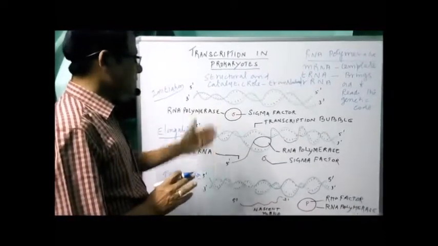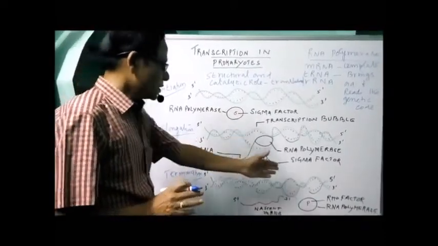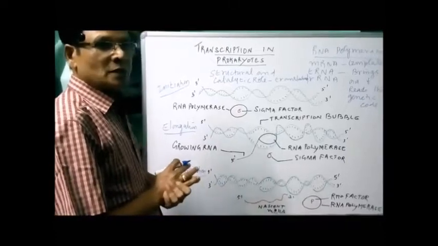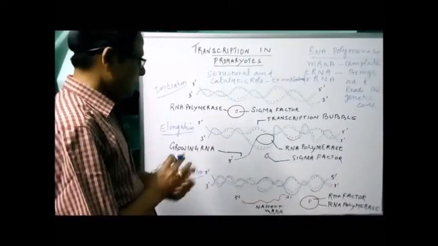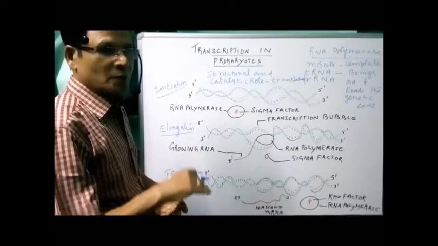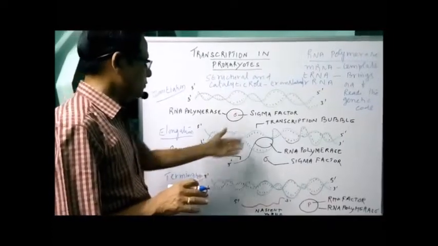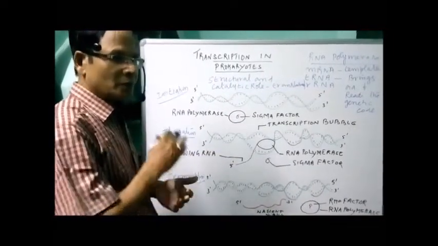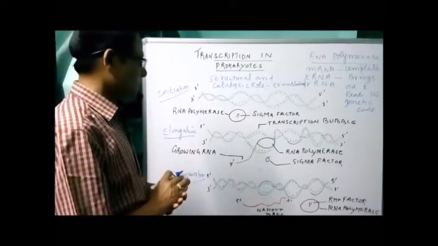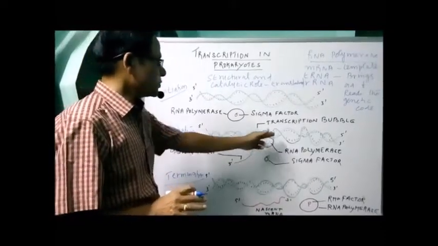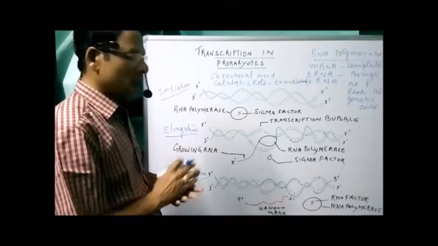Once the polymerase enzyme reaches what is called the terminator region, see, the structural gene is responsible for the transcription to form the RNA. Now, the polymerase enzyme is leading towards what is called the termination point.